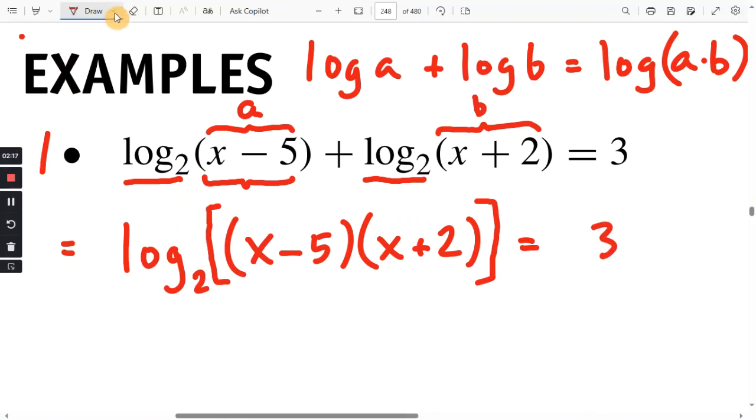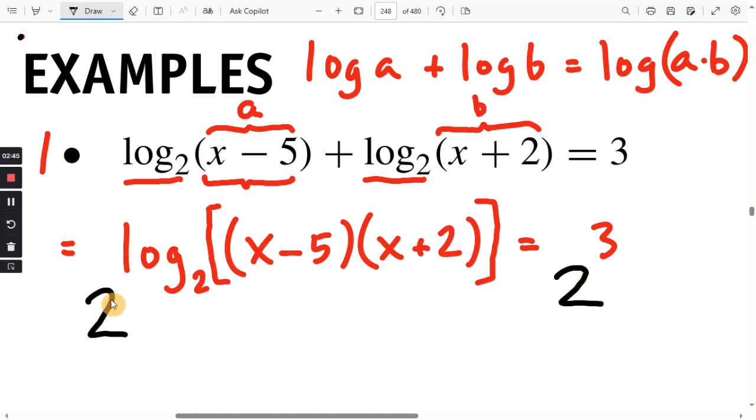Now, since we have log equals number, we convert it to an exponential equation. How do we do that? Right here we have log base 2. I am going to make this entire expression the exponent on the number 2, and on the other side of the equal sign, I'm going to make that whole thing the exponent on the number 2.